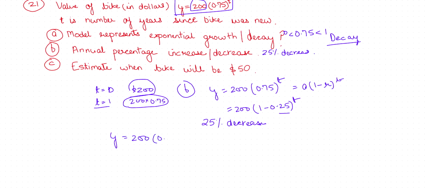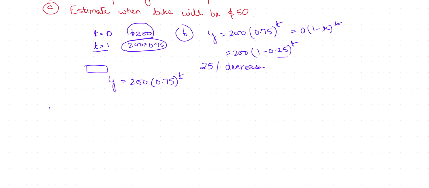We can use the graphing calculator also. We have to find when this bike would cost 50. So y would be 50, because y was the price of the bike, and this is 200, and this is 0.75^t.